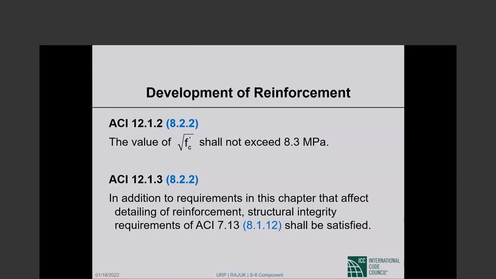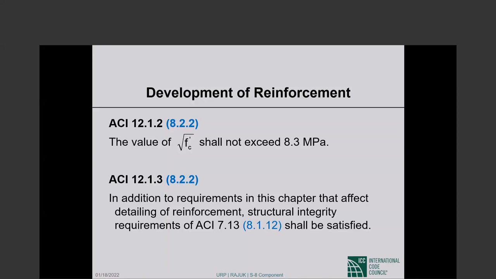Okay, then as in the case of shear, square root of f sub c prime is restricted to no more than 8.3 MPa because we do not have enough test results with higher strength concrete. As the concrete strength increases, the required development length decreases, but beyond a certain point, we are not sure that we should keep on decreasing the required development length because we do not have test results.